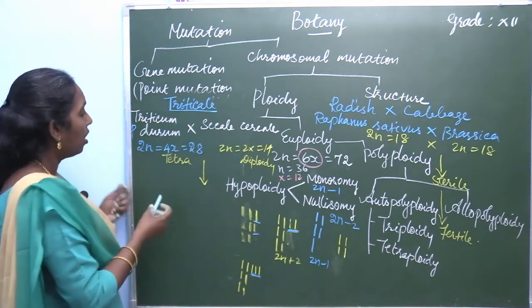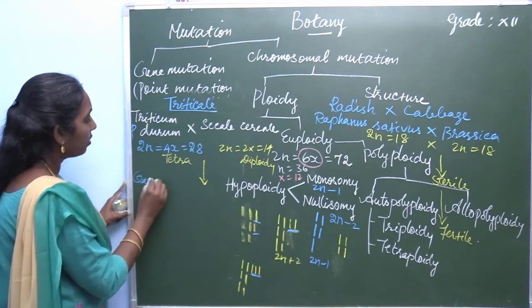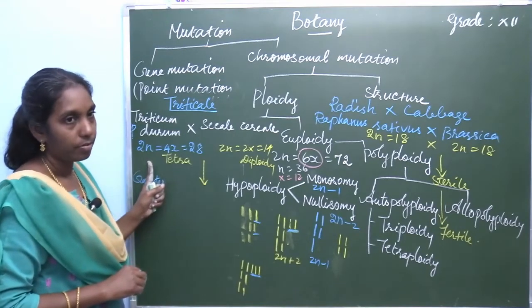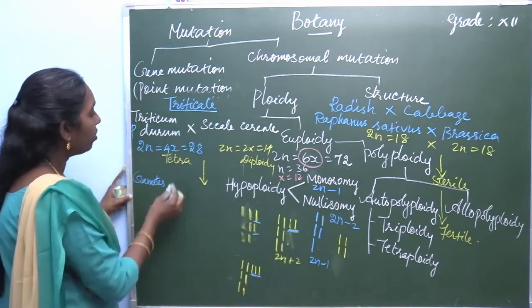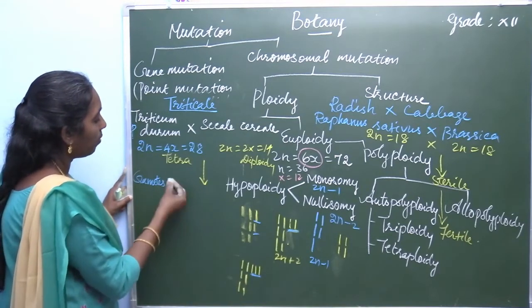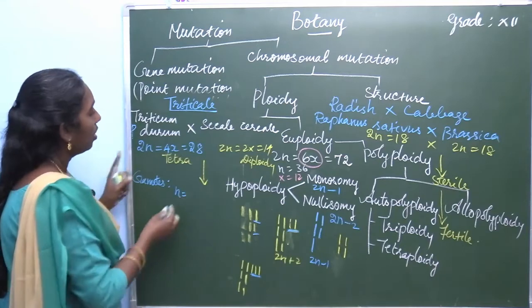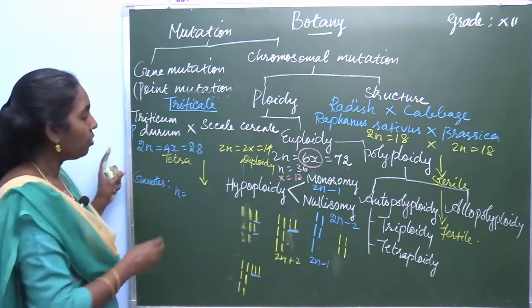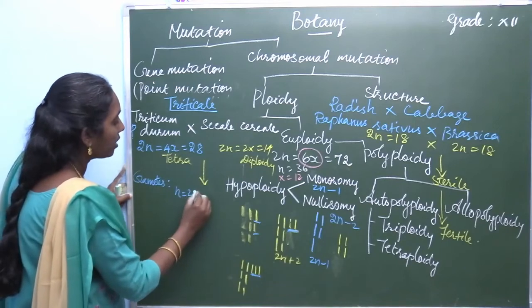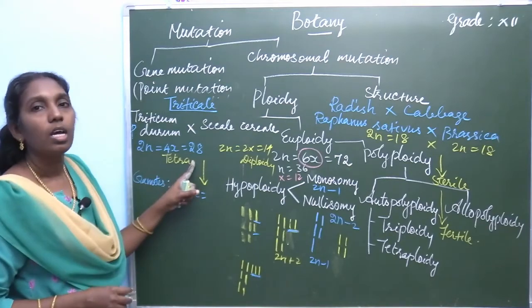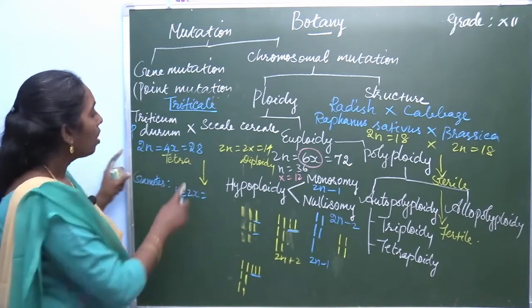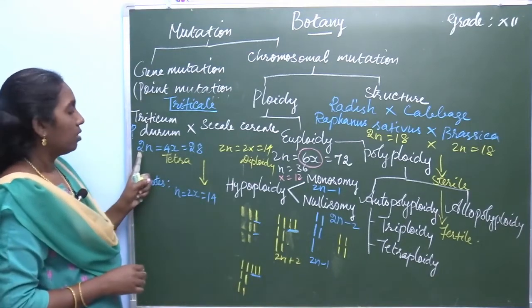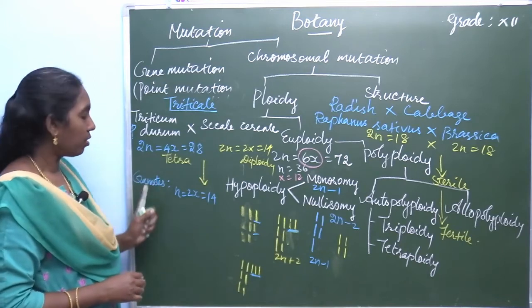what are the gametes from here? The gametes from Triticum durum are n is equal to 2x is equal to 14, half the number, from the 28.